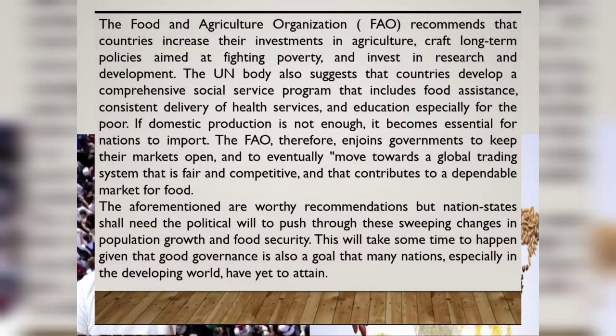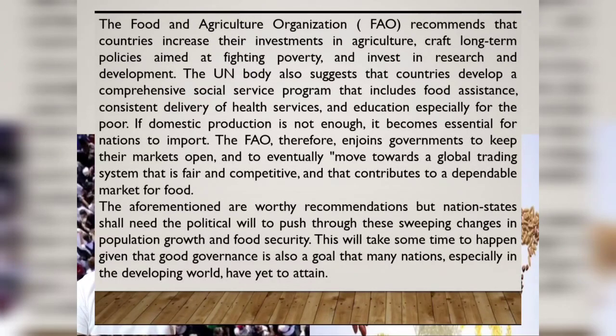If domestic production is not enough, it becomes essential for nations to import. The FAO therefore enjoins governments to keep their markets open and to eventually move towards a global trading system that is fair and competitive and that contributes to a dependable market for food.